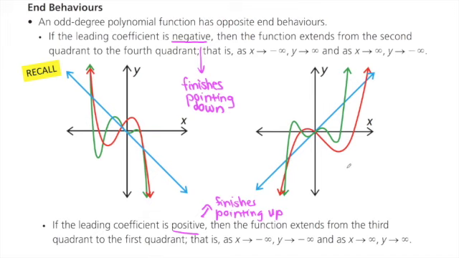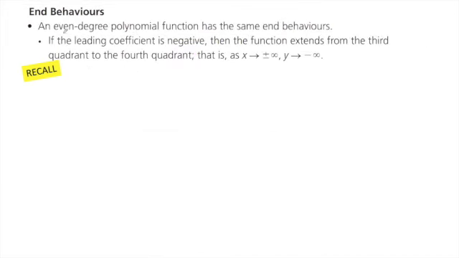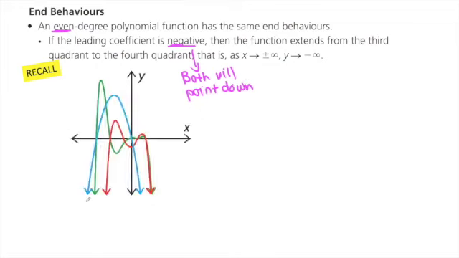Okay, again, now looking at even degree. If you have a negative coefficient, that means both ends will point down. That's what that negative means out front. So examples are anything like this with both end behaviors pointing down.